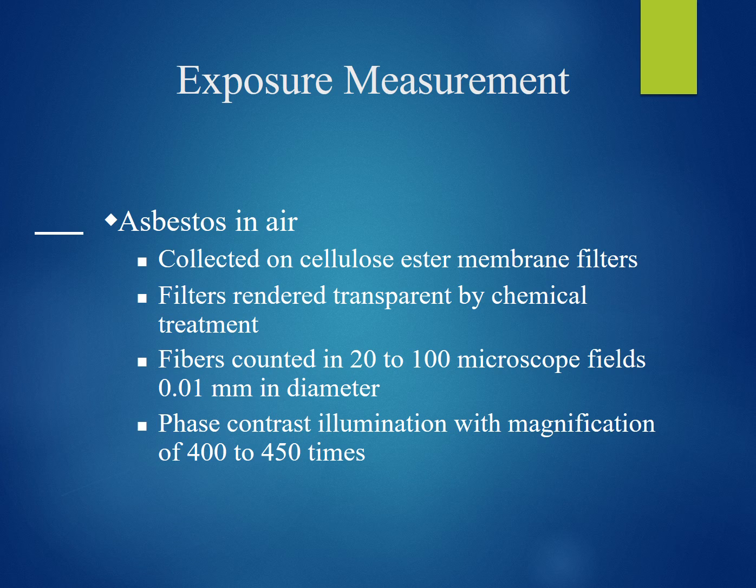For asbestos, use a mixed cellulose ester membrane, because that MCE filter is dissolved with acetone, placed on a microscope slide, and then read by the technician by actually counting the fibers that they see, using phase contrast illumination to distinguish fibers from other dust particles.